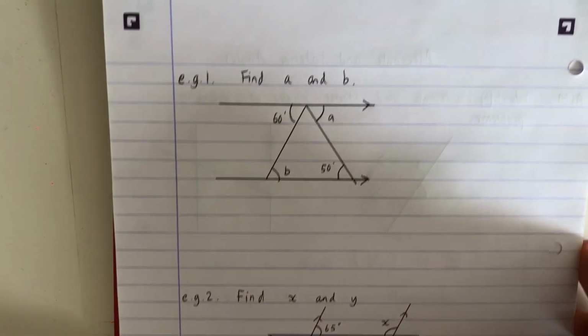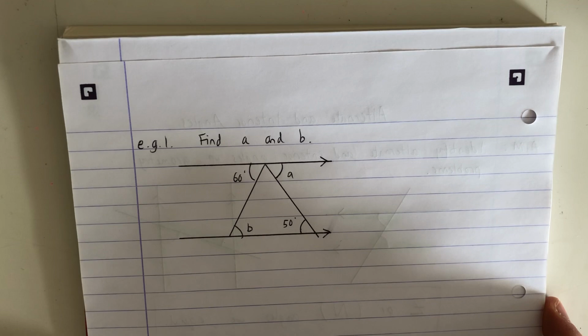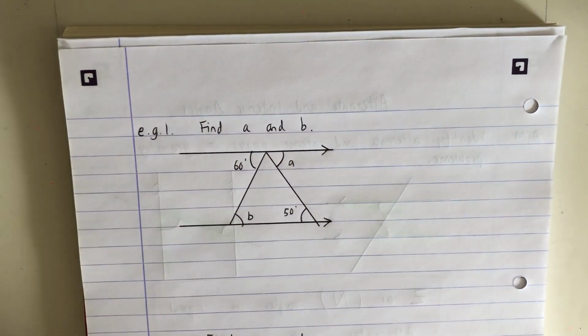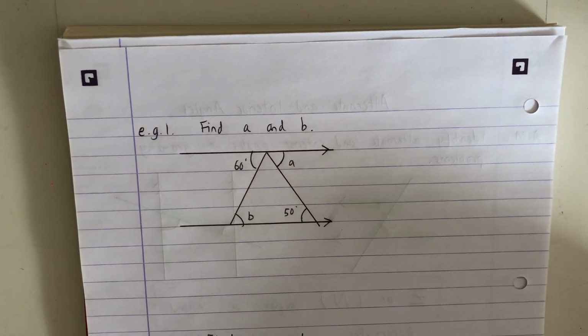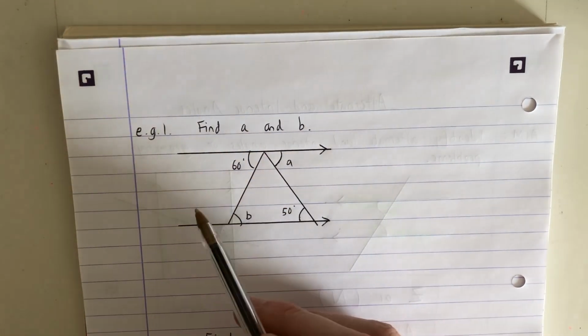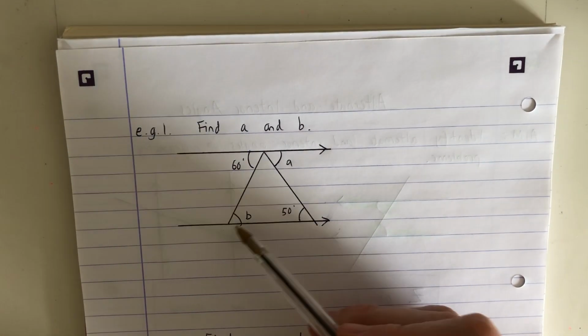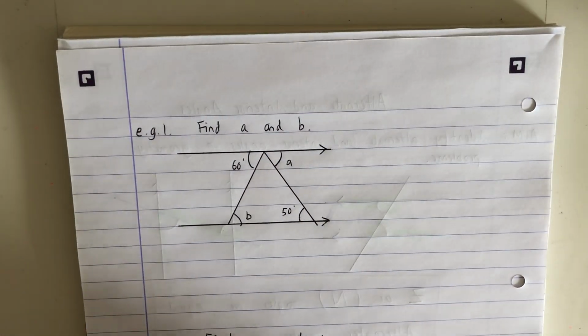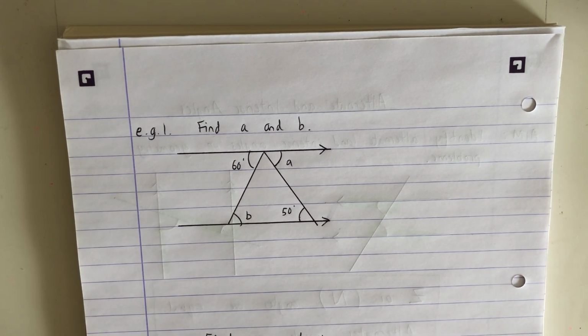Okay, example number 1. We have to find A and B. We've got parallel lines. We've got a few things intersecting. And today we're looking for that Z shape or the U shape. So we're going to go in alphabetical order so I can work out A first.